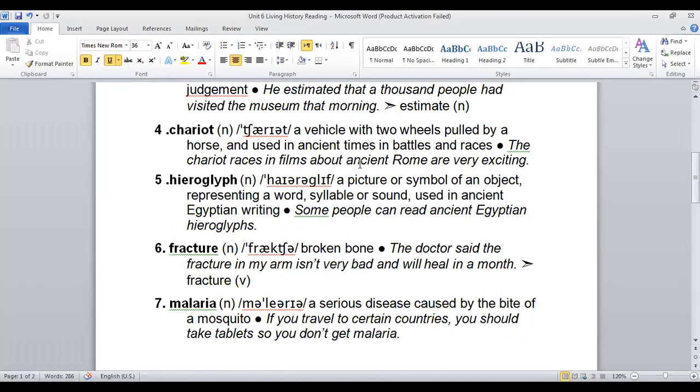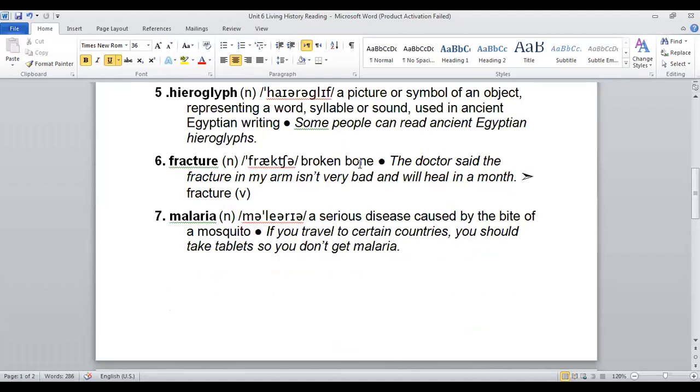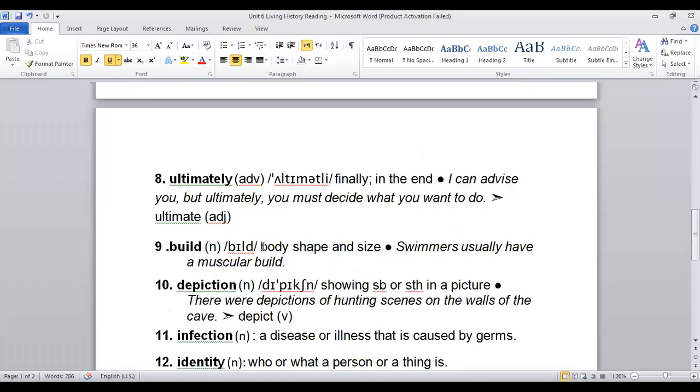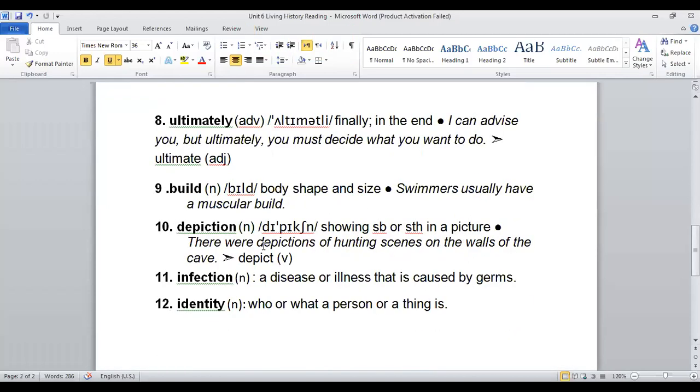Broken bone in the body is called fracture. Number seven, malaria. Malaria means a serious disease caused by the bite of a mosquito. Number eight, ultimately. Ultimately means finally or in the end.